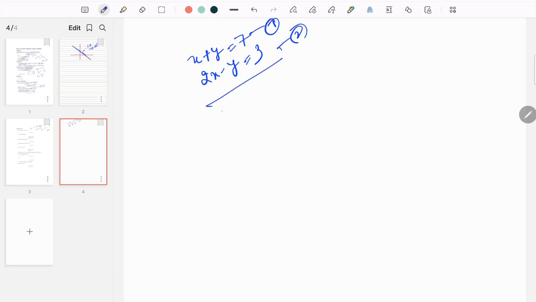If we add these two, then it is 3x equal to 10. Y cancels out. So this implies x equals 10 by 3.